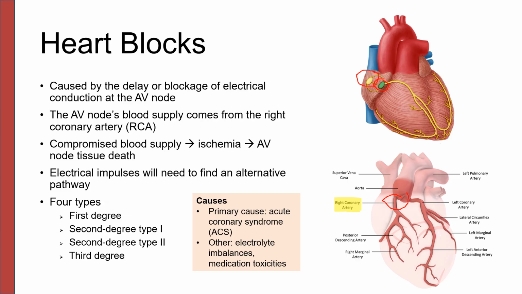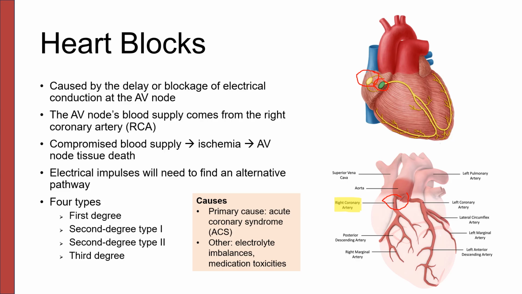So that is going to affect the ability of that AV node to function because it's not getting oxygen. That is the whole problem. Compromised blood supply is going to lead to ischemia. It's going to lead to AV node tissue death. And the severity of that tissue death is going to determine what type of heart block you see.